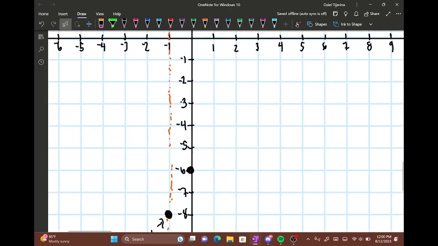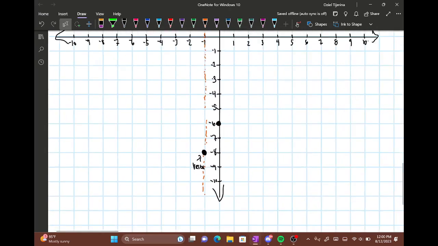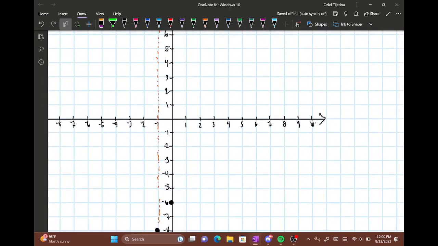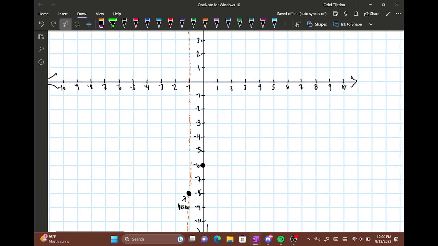And then we want to go ahead and find maybe a few more points when it comes to graphing this parabola. Since we already did our x-intercept and y-intercept, we're going to evaluate a number to the right of our y-intercept.